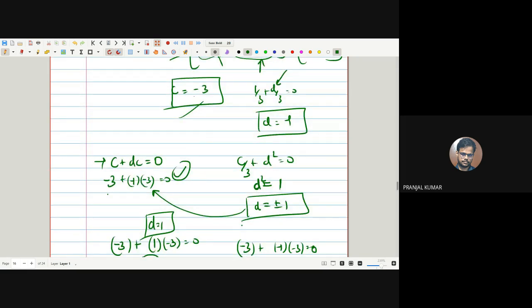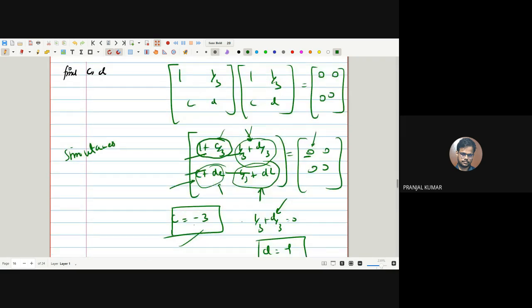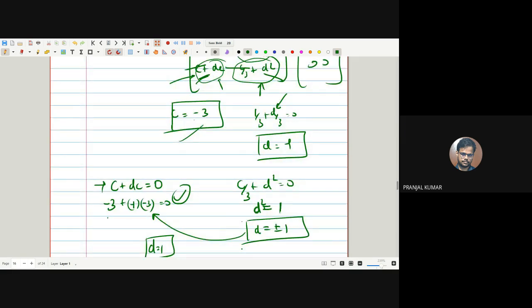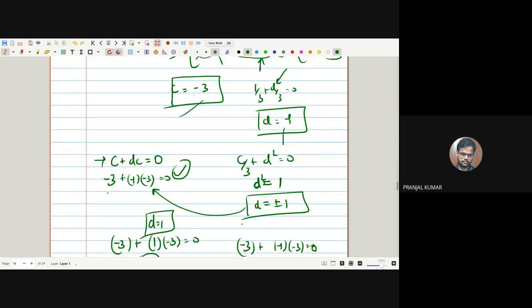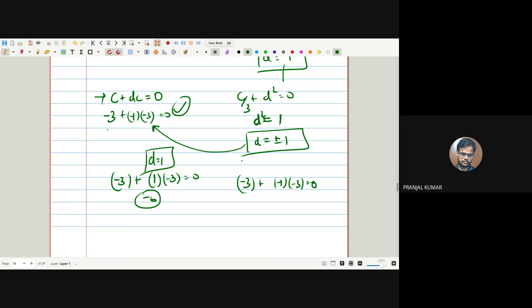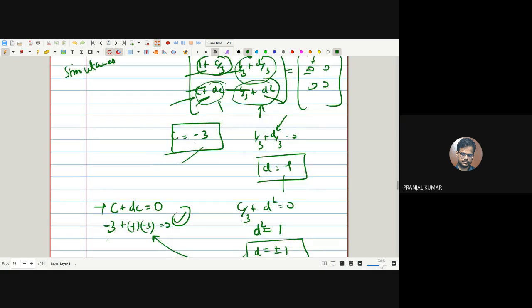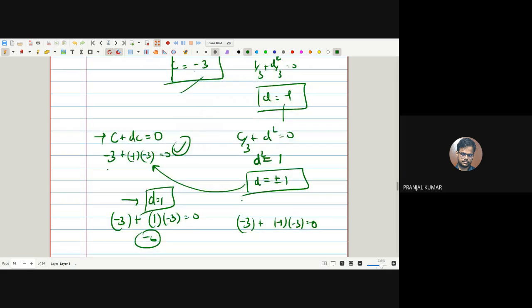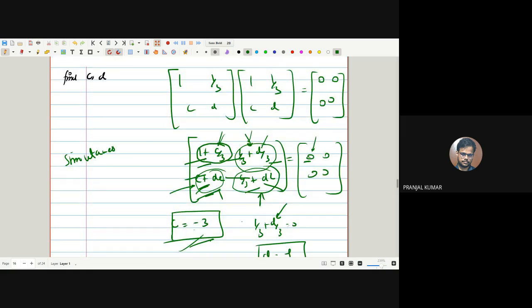If I take C as minus 3 and D as 1, then only three equations get satisfied, and this one fails. But if I take C as minus 3 and D as minus 1, then all four are simultaneously satisfied. Clear? Yes or no?